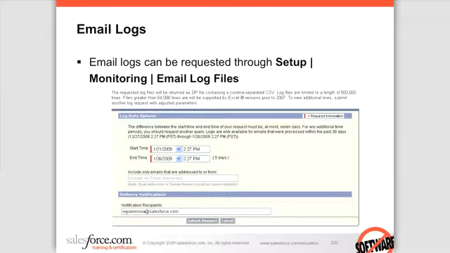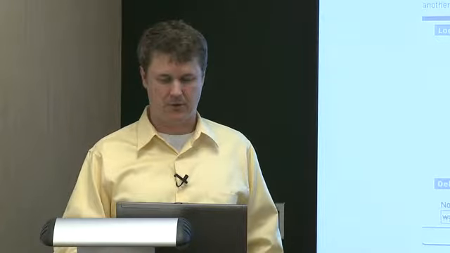This is an offline lookup, so you enter in the criteria. You can specify when the email was received, a set of timestamps, and you can also filter on who sent it if you want to look for a specific sender. You make this request, and eventually it will send a notification to you indicating that it's ready, and you can then download the file that contains all the emails for that period.